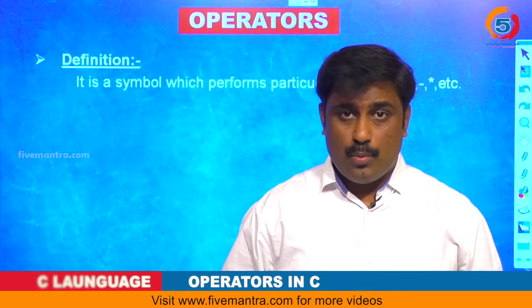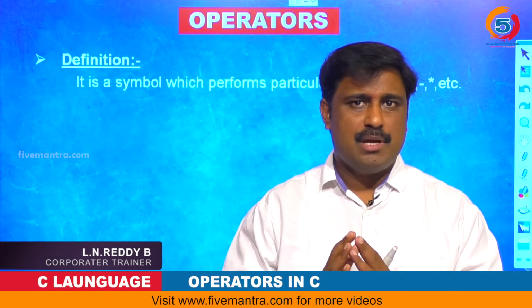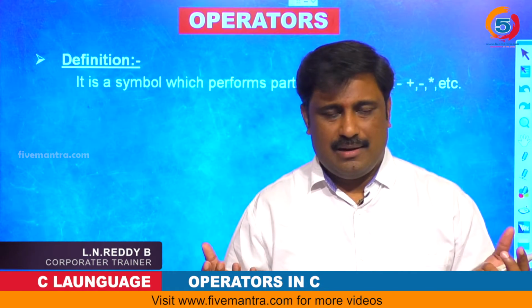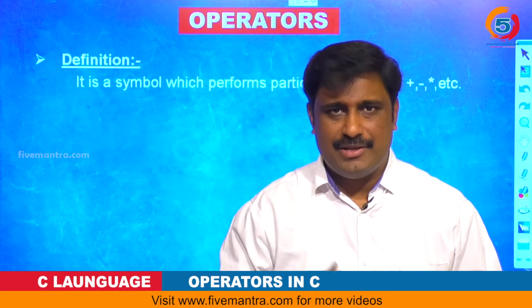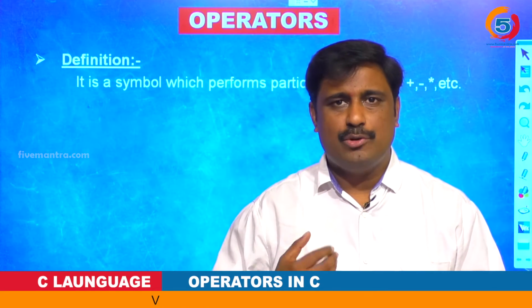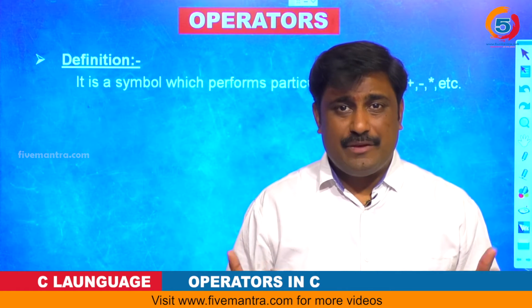Example. Now how to use this? Whenever you are using any symbol, constant values are required. Like if I want to do the addition, two numbers are required. If I want to do the multiplication, two numbers are required, right? How to give these two numbers?